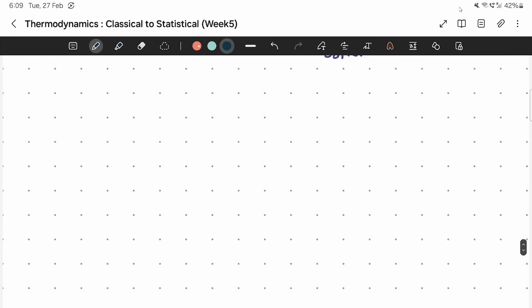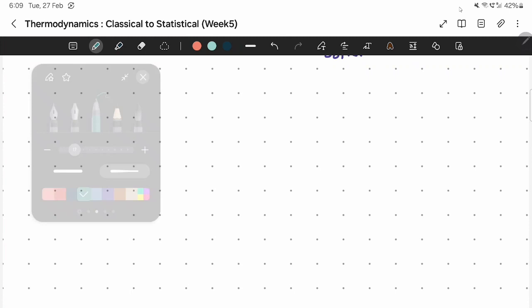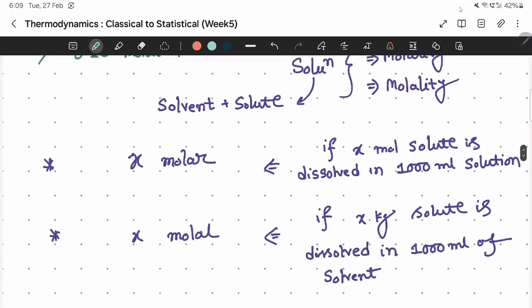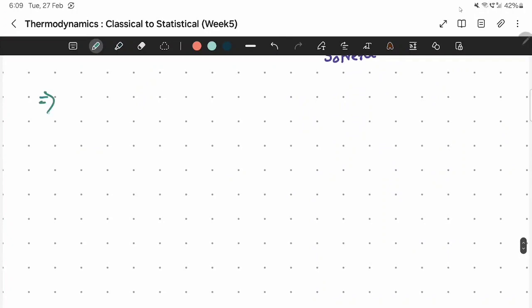So now let us focus on our problem first. What was the problem? 0.15 molal KCl. It is mentioned here that it is molal, so nothing to worry. KCl dissolves as K plus and Cl minus, so there are two ions, one anion and one cation.